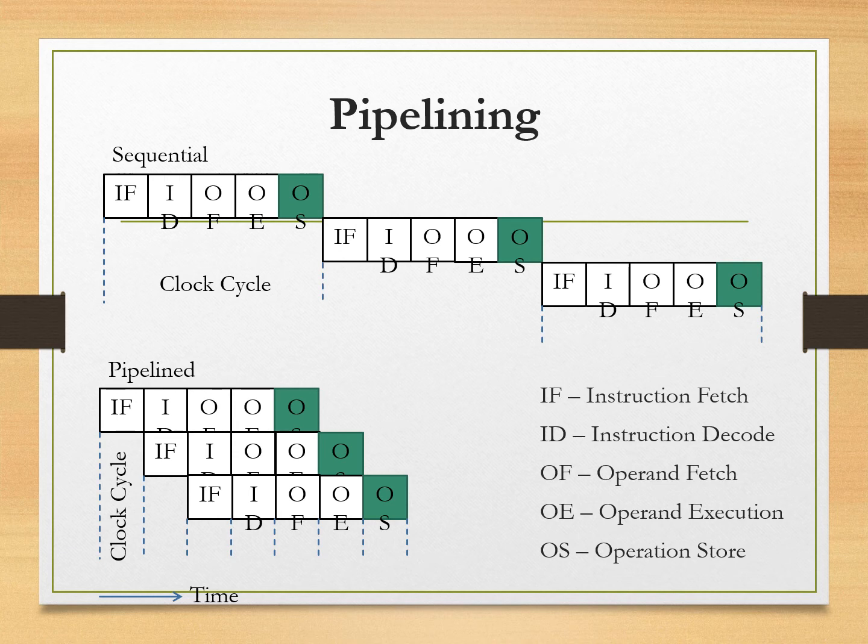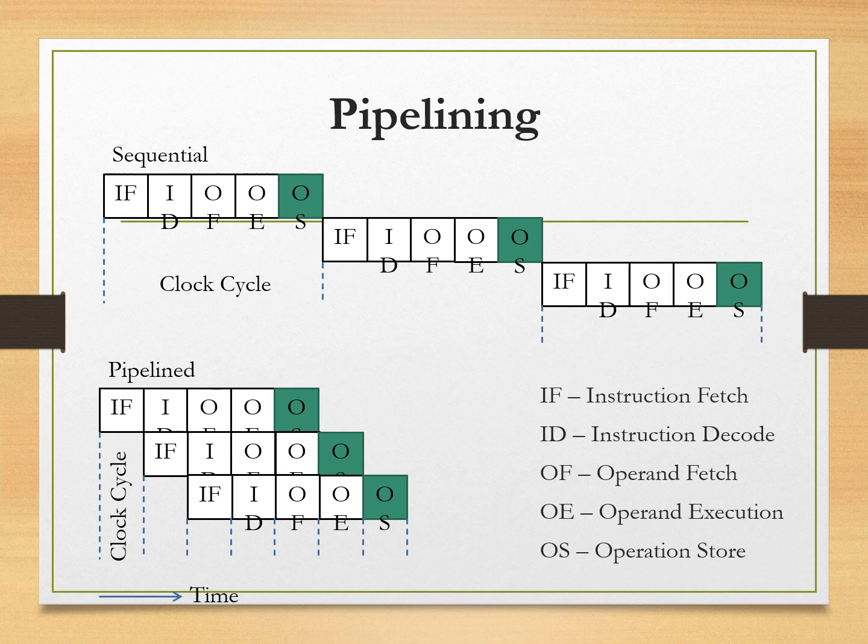But in pipelining, at the same time, this is based on time. In the first cycle, you are fetching the first instruction. At the second cycle, you decode the first instruction, which is ID, and at the same time you are fetching the second instruction. You are doing it simultaneously.